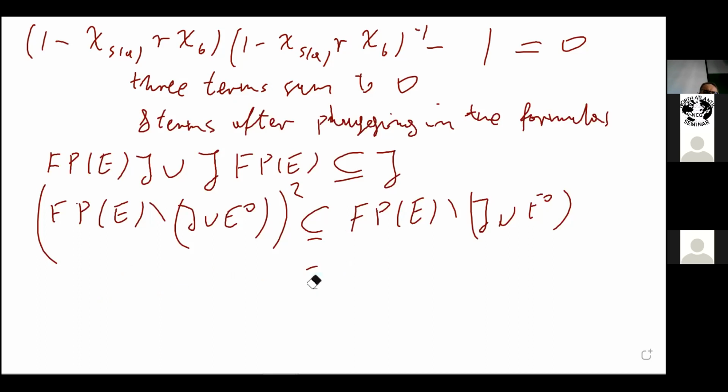And now how do we use it in multiplying things out? So remember that this 1 minus chi SA r chi b, that's something that we wrote the following way.